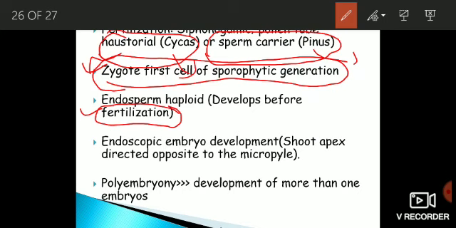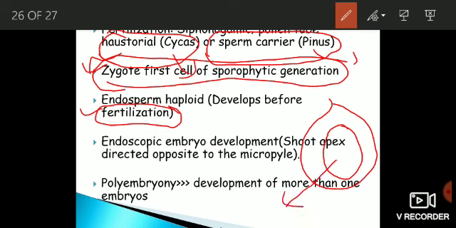Endosperm means food. Here you have an ovule, and this is the female gametophyte, and this female gametophyte is also known as endosperm. Endosperm is haploid, and this develops before fertilization. However, in case of angiosperms, endosperm formation takes place after fertilization.